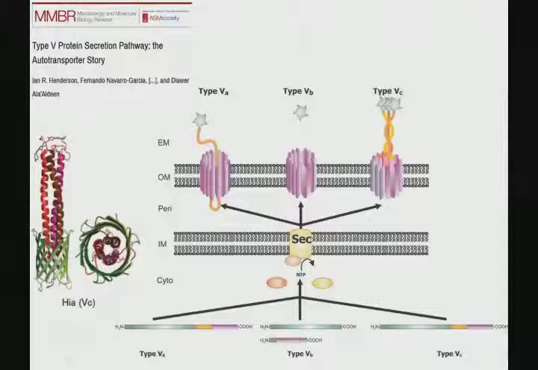Okay, so this barrel is formed by all three protein subunits together. This is just showing the same, so you can have monomeric where the whole protein forms a barrel, or trimeric where each monomer forms a third of a barrel, or you can have a barrel that then cleaves the C-terminus of the protein and releases it.